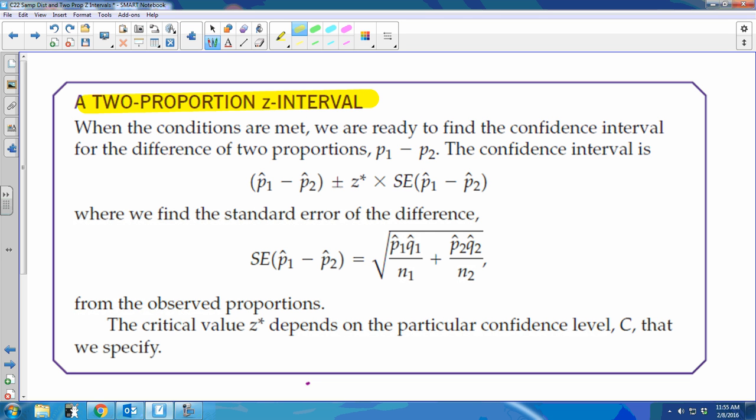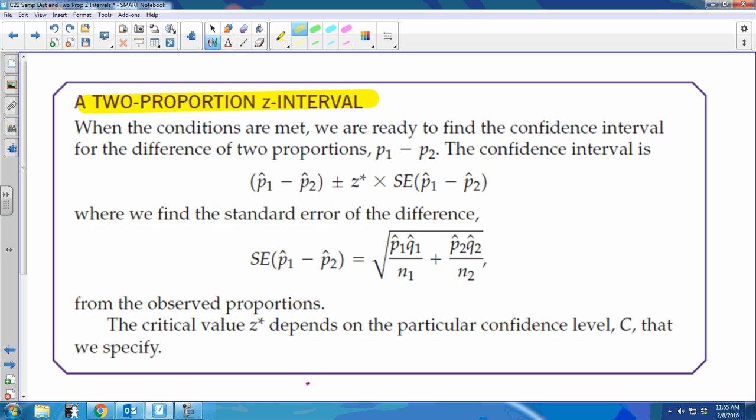So, we have a two proportion Z interval. If you look at it, it follows that same pattern I wrote at the beginning of class. Statistic. In this case, we're talking about two proportions, so the statistic is the difference in the two p-hats, plus or minus z star. That has not changed.